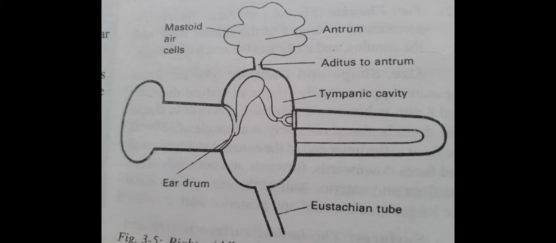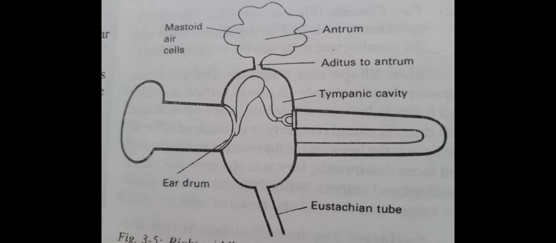These are the 3 layers: the outer epithelial layer, continuous with the epithelium of the external ear; the middle fibrous layer, which consists of radial and circular fibers; while the inner mucosal layer is continuous with the mucosa of the tympanum.